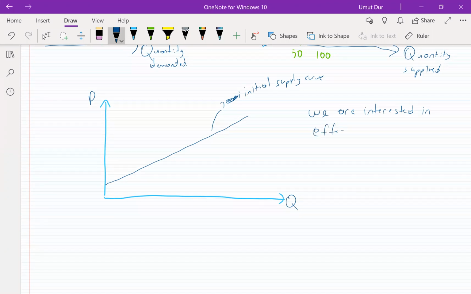Price excluded. So we are not looking for the effect of the change in the price.